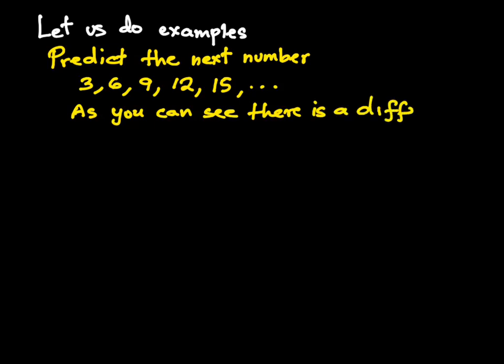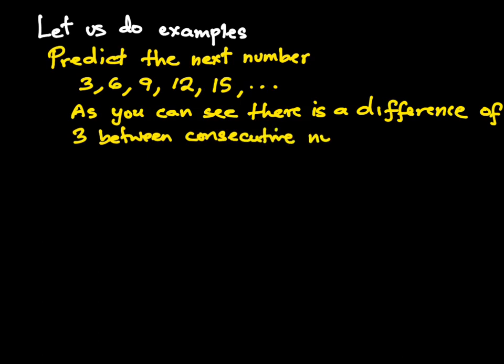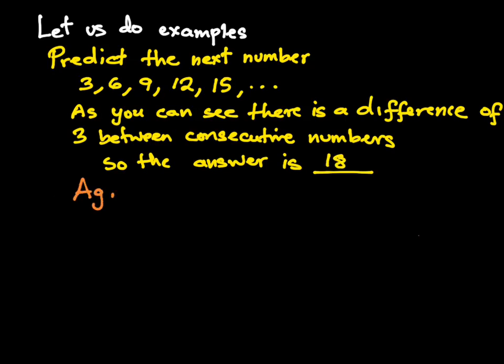As you can see, there is a difference of what number? A difference of 3, right? Because 3 plus 3 is 6, plus 3 is 9. So between any two consecutive numbers, the difference is 3. Which tells us that the next number is 18, right? So that's how it goes.